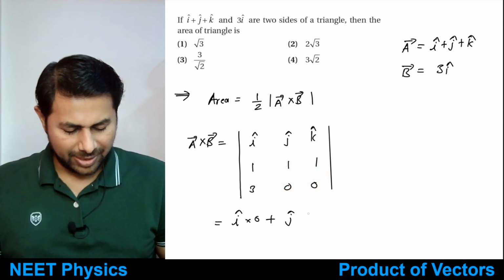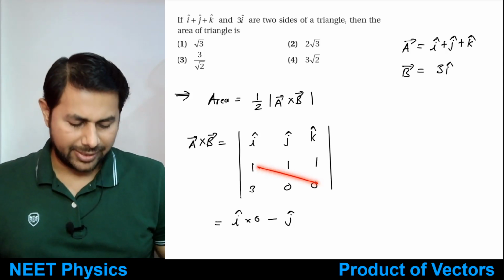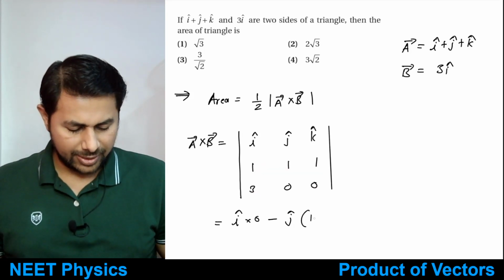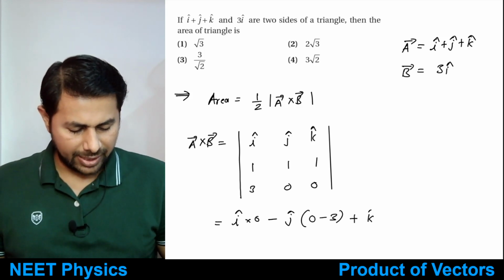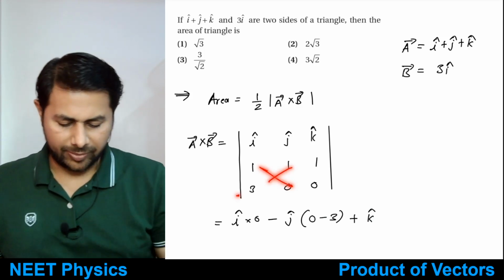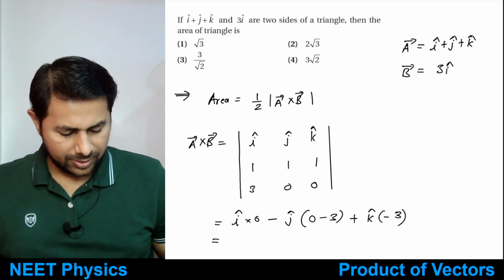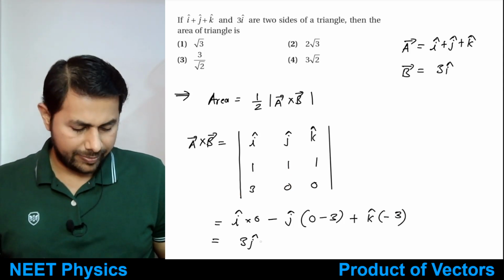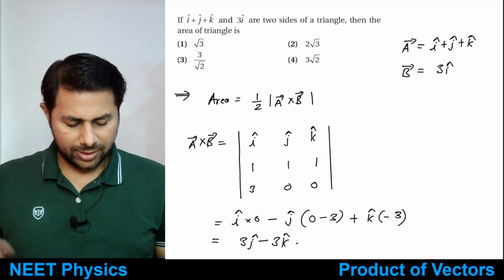Plus j cap multiplied with minus j cap multiplied with 1 times 0 minus 3 times 1. 1 times 0 means 0, 0 minus 3 times 1 is minus 3. Plus k cap multiplied with 1 times 0 minus 3 times 1, so that is minus 3. So the answer is 3 j cap, then minus 3 k cap. This is a bar cross b bar.